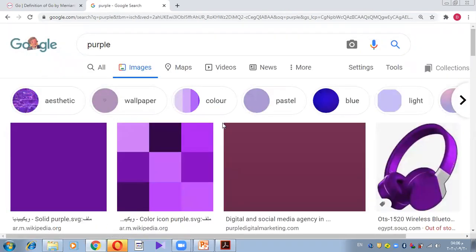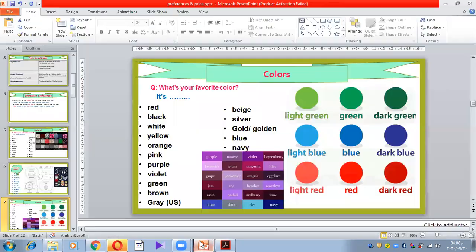Purple clothes. For purple, I have just, do you see now, purple, violet, and there are so many different colors for this. So I'm just talking about the main one, but I'm not gonna speak about the different degrees, okay? Then we have violet.